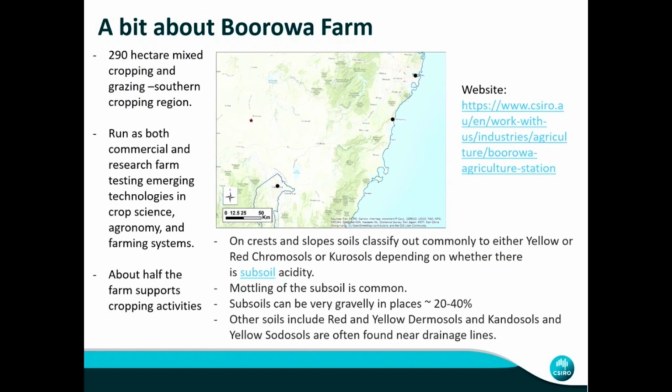There's quite a bit of mottling in the subsoils as well, and we found there's quite a lot of gravel in these soils, like 20 to 40% gravel. So it's one of the things we need to consider in terms of crop water management. There's a website there to look at some further information about the farm.